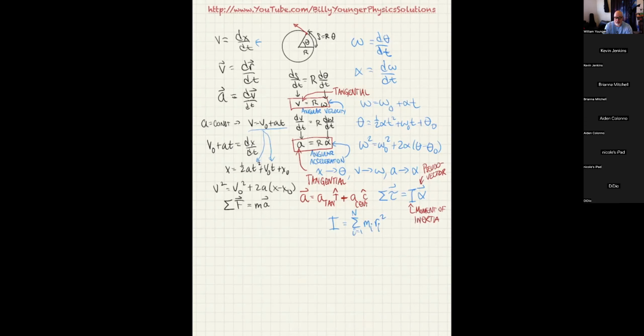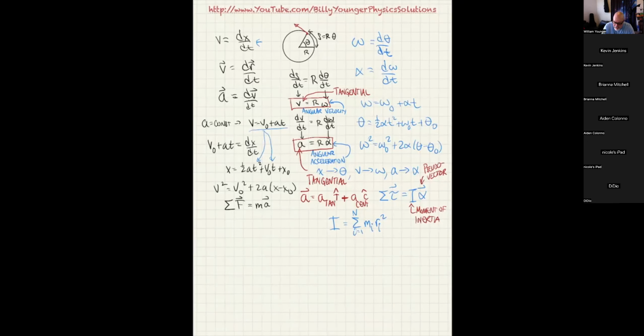So if you have m1, then you figure out how far m1 is perpendicularly from the rotation axis. That's r1. So you square that distance, multiply it by m1. Then you do the same thing for m2, and then you do the same thing for m3.